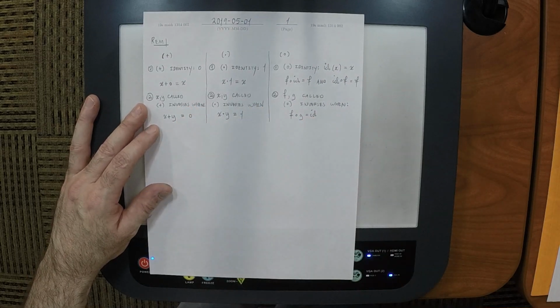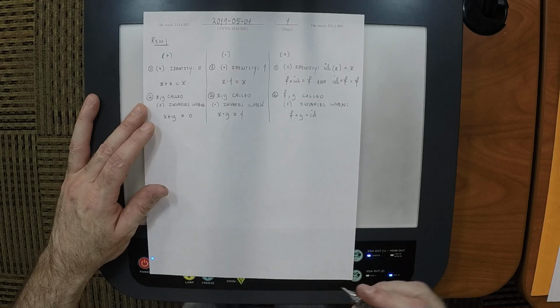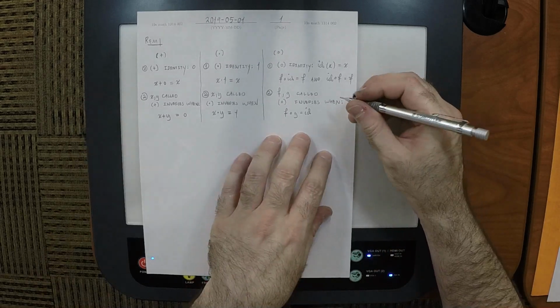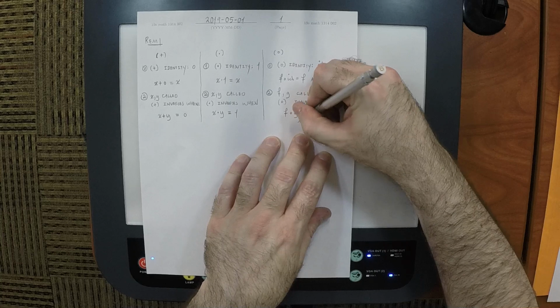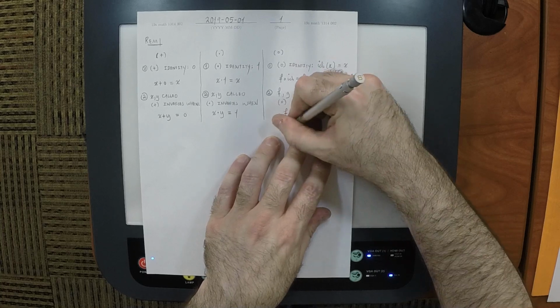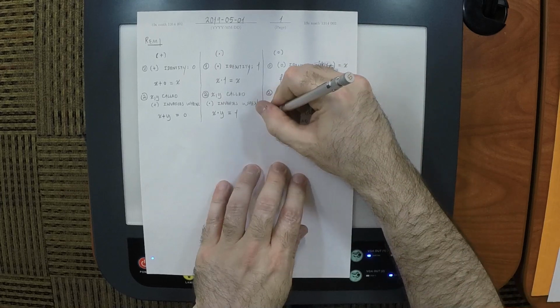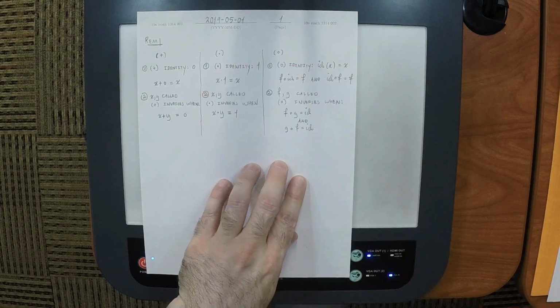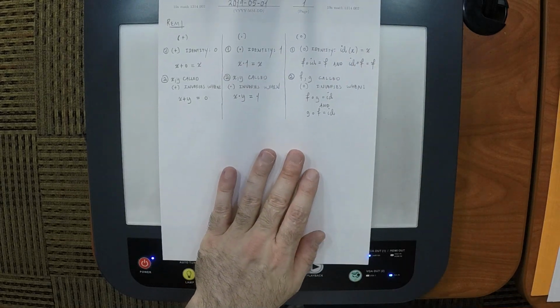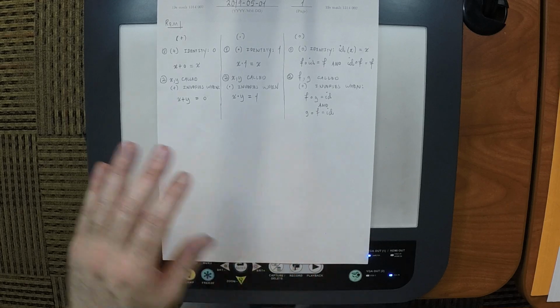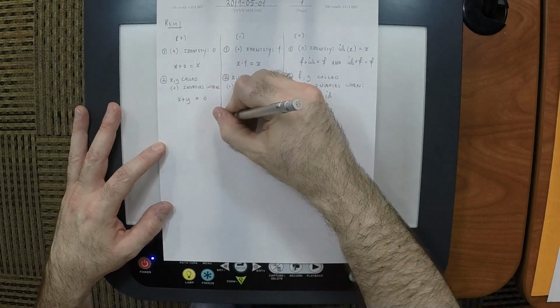But again, because composition doesn't commute, you have to check it in both orders. So we have f composed with g, and g composed with f is the identity, because it's necessary to check both. All right. 3.